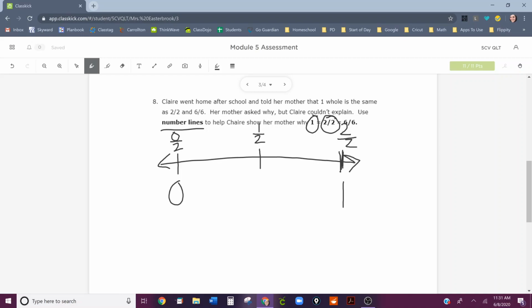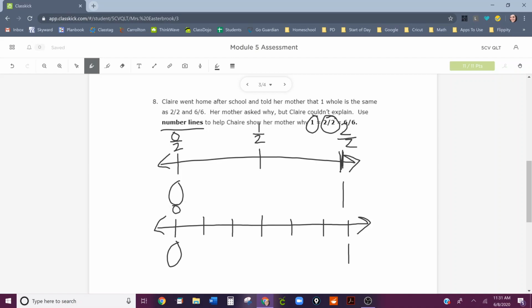Well, now we have to prove it for sixths. So I'm going to do a number line that is the same length, starts at 0, and ends at 1. Now I'm going to break it into 6 equal pieces. And I'll label those pieces.